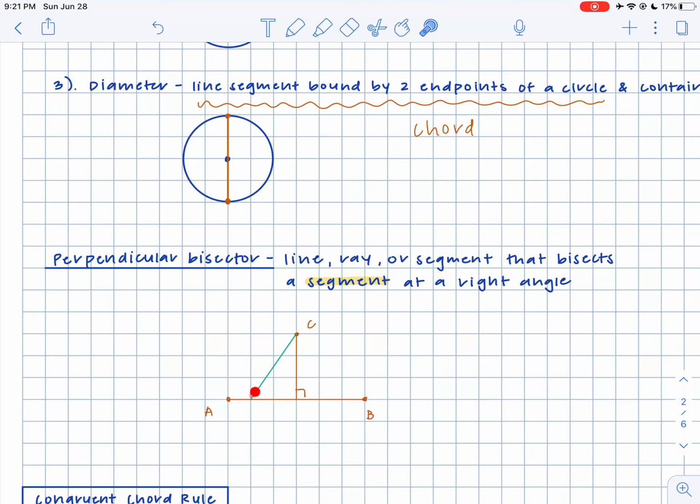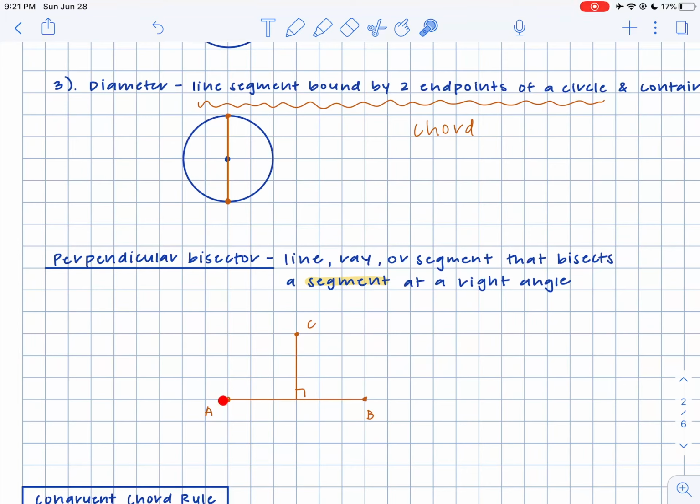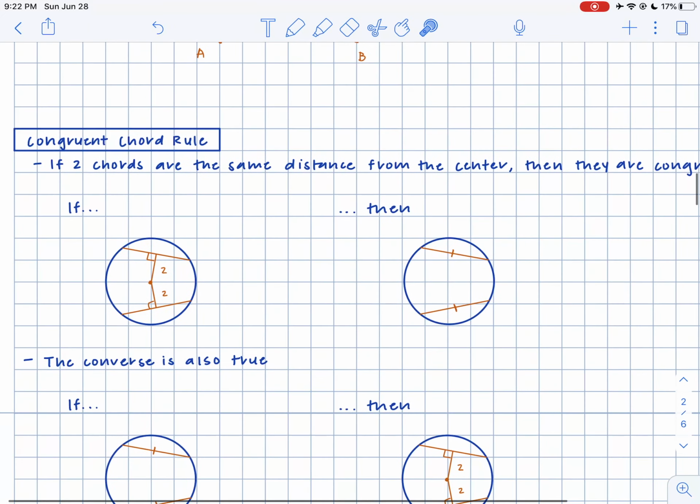Because if you look closely, this forms a right triangle, and this slanted part is called the hypotenuse of the right triangle, and the hypotenuse is always the longest side of the right triangle, okay? So that is why the shortest distance from point C to AB is a straight line forming a right angle. Now what is this segment called? It's called a perpendicular bisector because it meets AB at a right angle, and it bisects AB because it divides segment AB into two equal parts. Okay, so just keep this in mind as we get into the congruent chord rule.